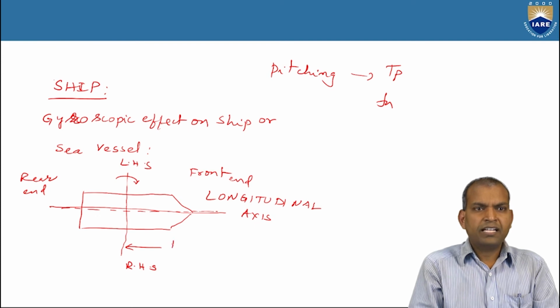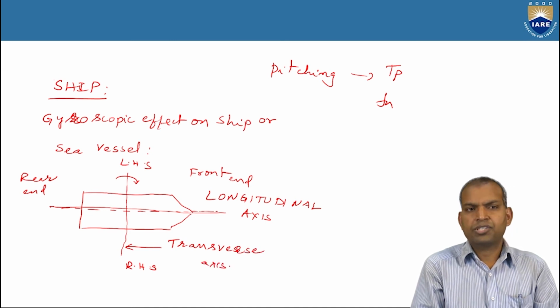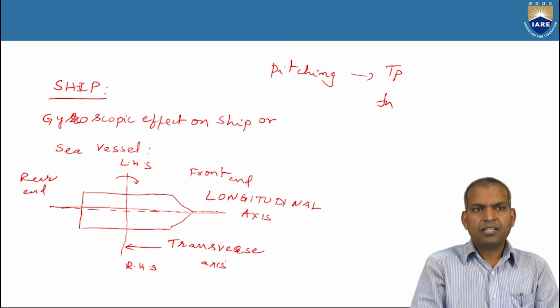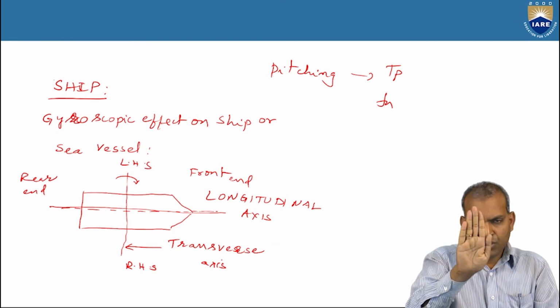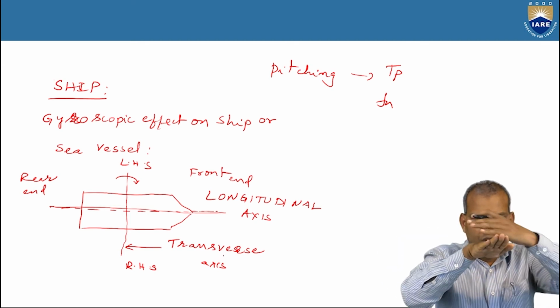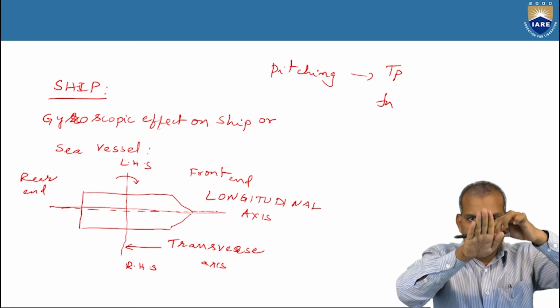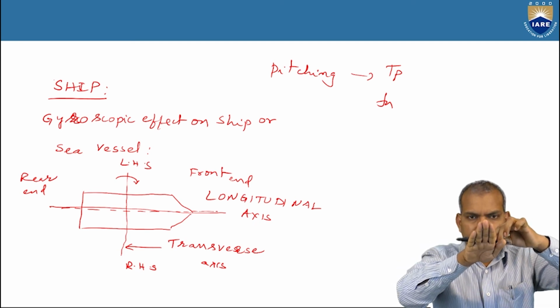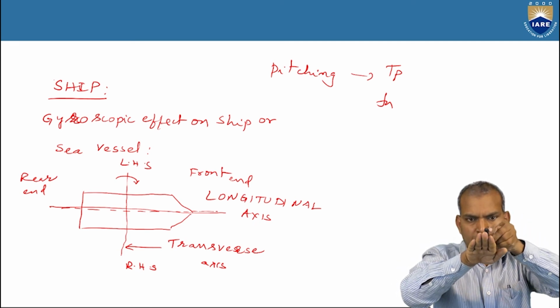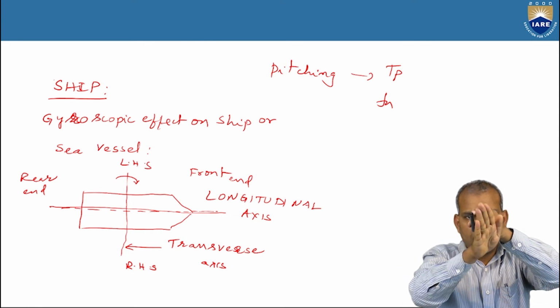The normal to the longitudinal axis is known as the transverse axis. So when the motion is about the transverse axis, then it is called pitching. When the motion is about the longitudinal axis, then it is called rolling.